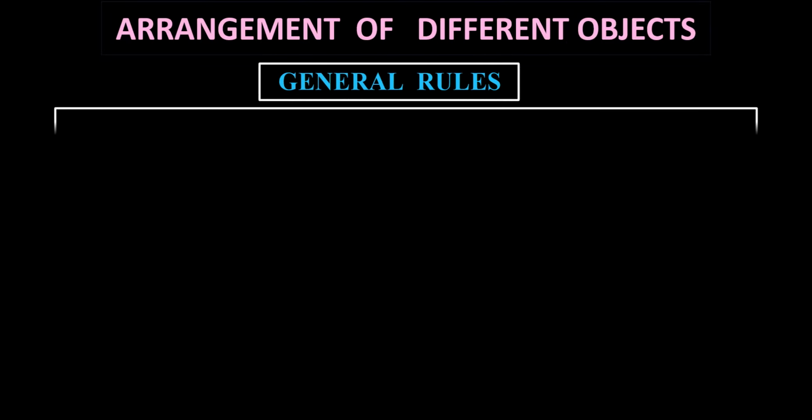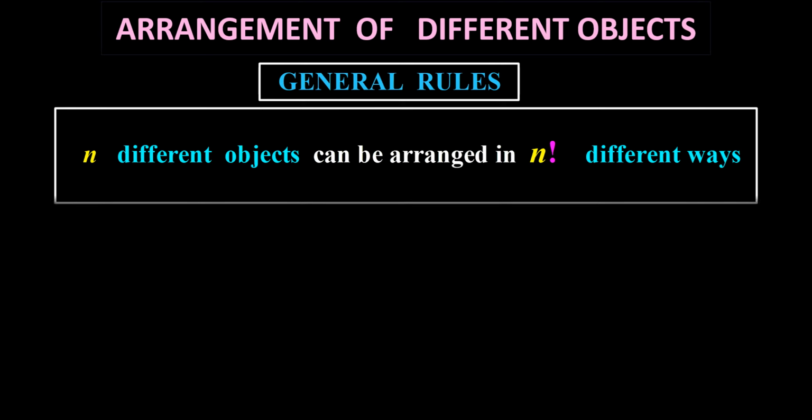Now, based on those two examples, we can generalize. If we have n different objects, and it's important that they must be different, they can be arranged in n factorial ways. For example, if I have 20 different objects and I want to arrange all 20 of them, they can be arranged in 20 factorial ways.